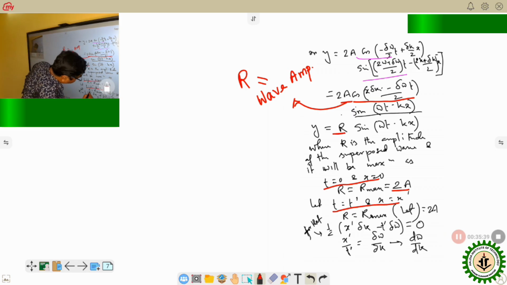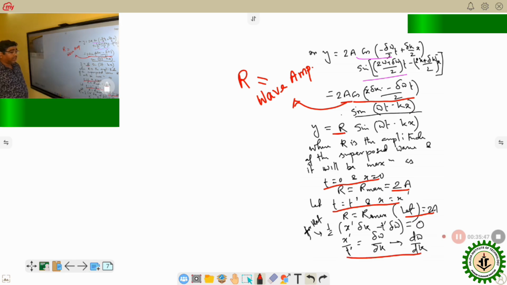For that to be maximum, the condition is the outcome of that phase part. From that discussion, it is observed that x prime by t prime is basically d omega by dk. What is x prime by t prime?